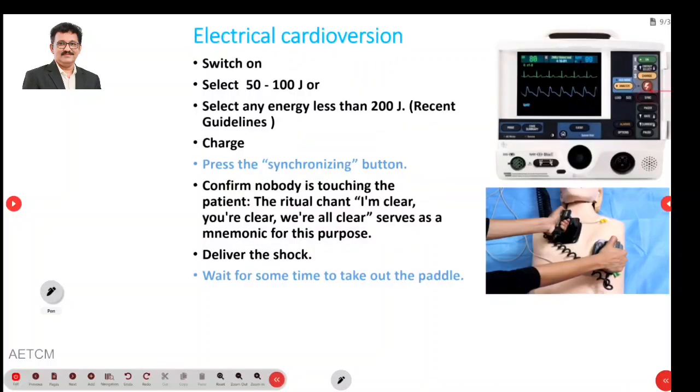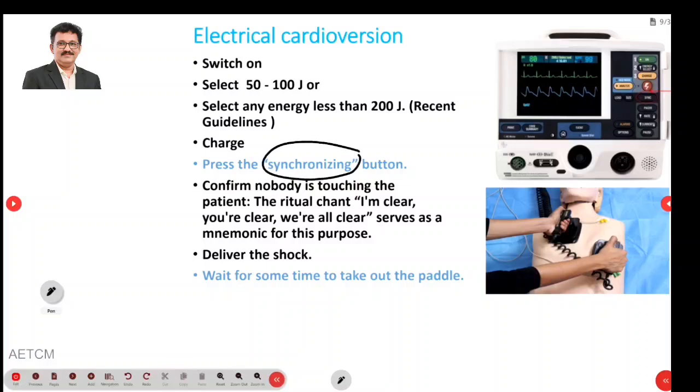Now electrical cardioversion. So you can see here, switch on the machine. So this is a machine. Switch on the machine and select 50 to 100 joules or select any energy according to your protocol. If you are following ACLS protocol, in that you see how much shock you have to deliver and select the joules. Press the synchronizing button, that is very important.